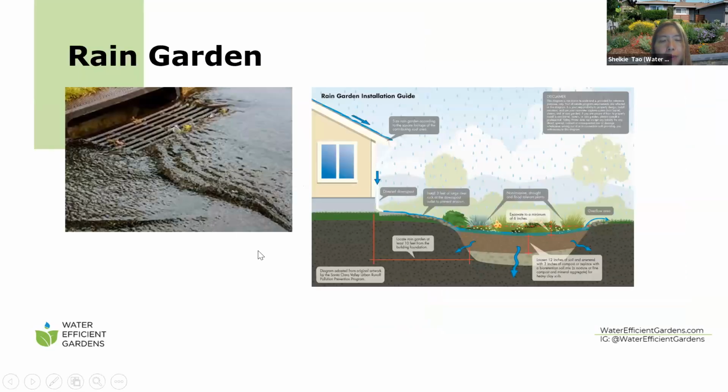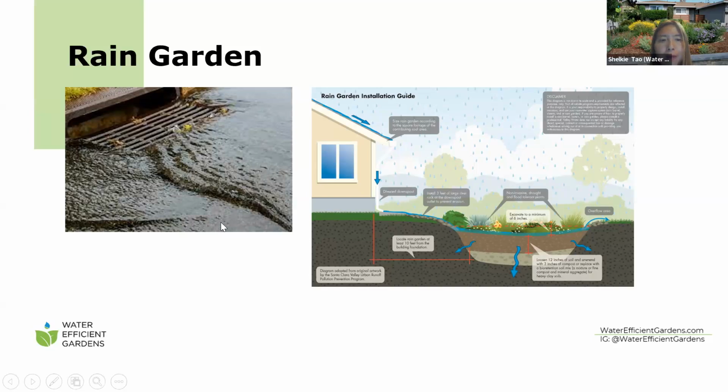During the rain, if we don't put in features like a rain garden, a rain barrel, or a dry riverbed, a lot of the water will just run off and flow out to the ocean, and we just lose that amount of water.